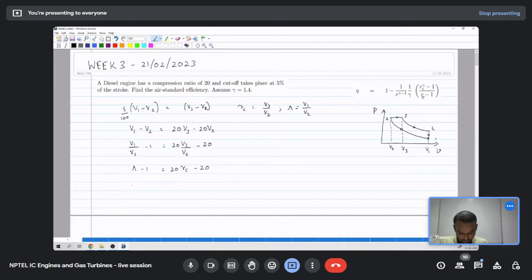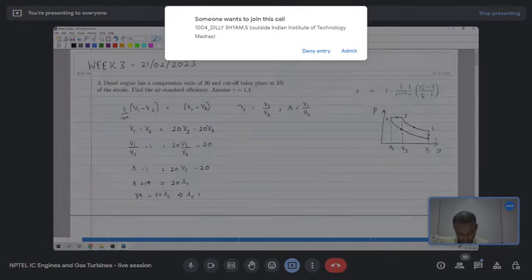So r plus 19 is equal to 20 rc. We know the compression ratio r is 20, so 39 equal to 20 rc, which implies rc is 39 by 20.